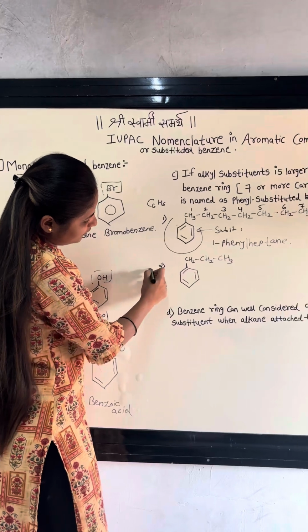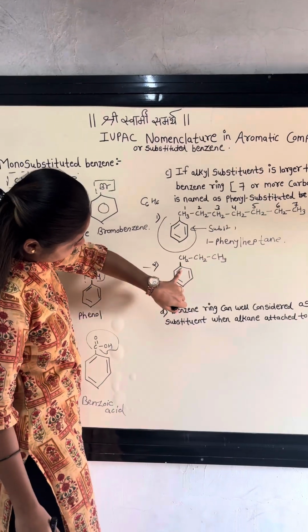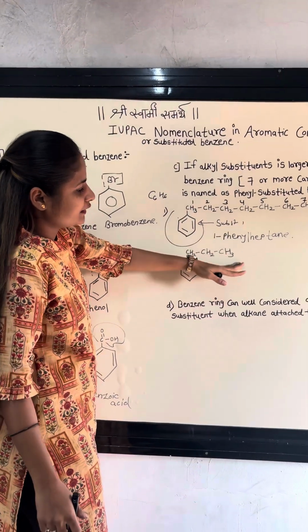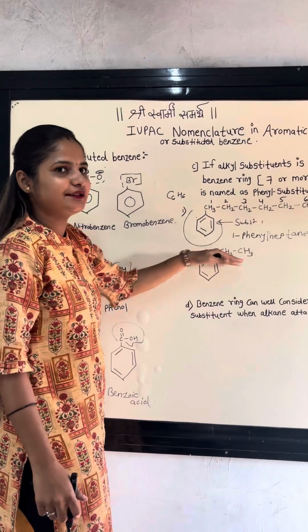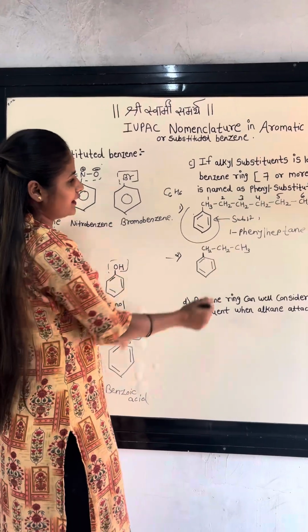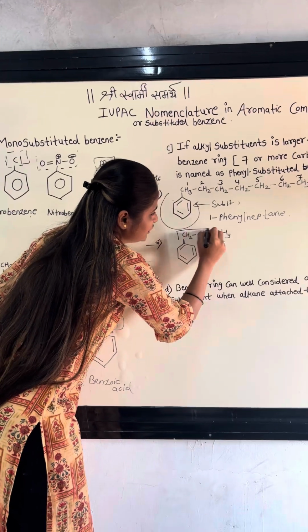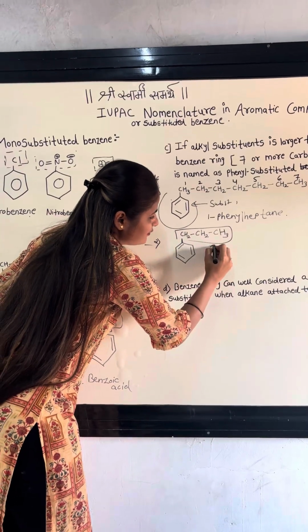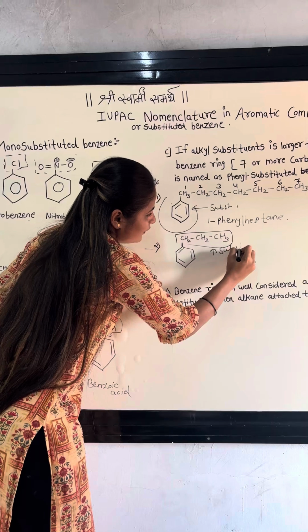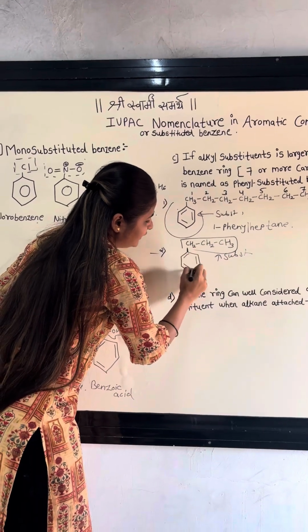And in the second case, here you have to see that 1, 2, 3 carbon atoms, which is less than the benzene ring, or less than 6 carbon atoms. So now here this chain is considered as a substituent. Okay, and this is the main parent ring.